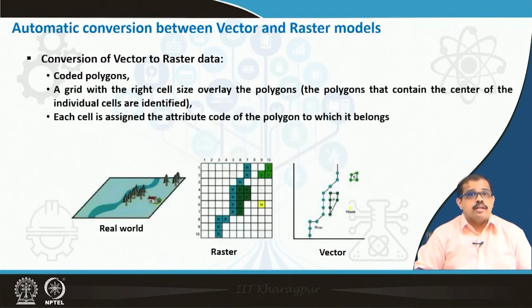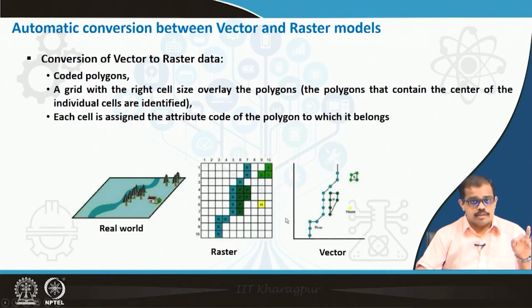Fine. So, now if you have to convert vector to raster data, vector is a coded polygon. A grid with the right cell size overlays the polygon. The polygons that contain the center of the individual cells are identified. For example, if this is the real world, okay, and this is the vector information.